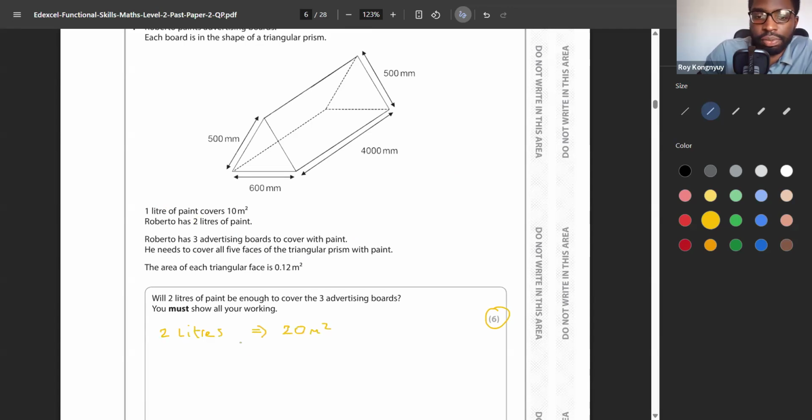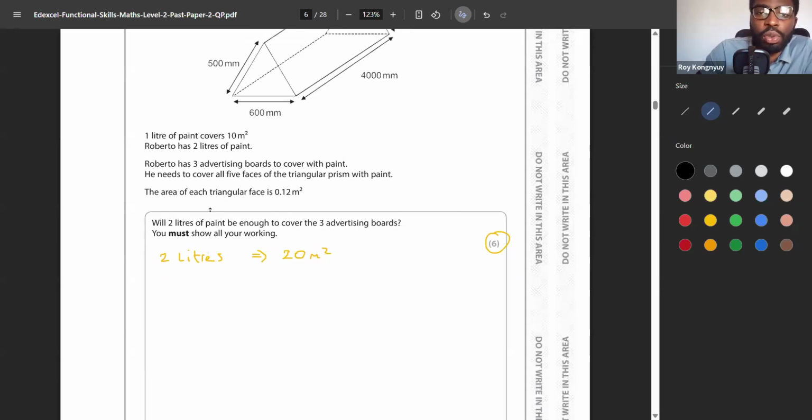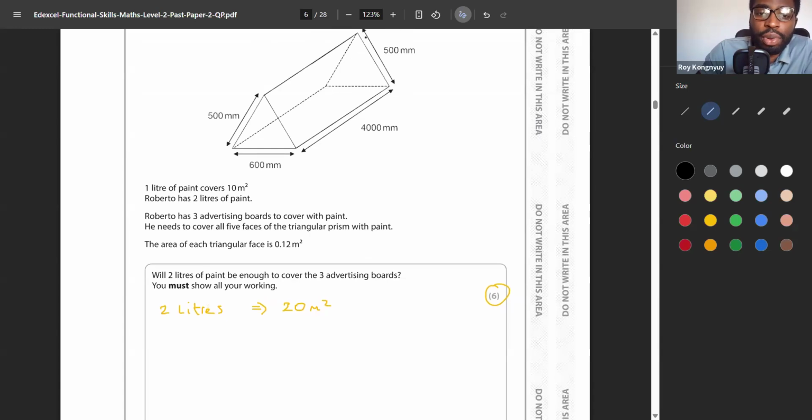That's crucial to this question. Now, because this is the constraint, the amount of paint is his constraint. Now we want to find the total surface area of 3 advertising boards. To do that, we want to find the area of 1 advertising board.